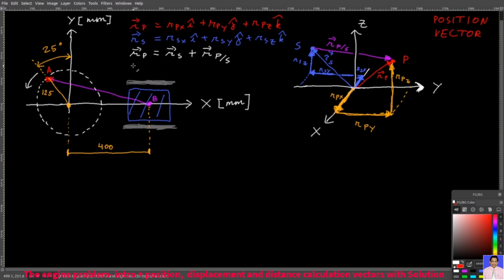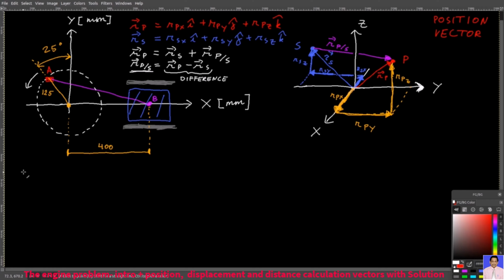But then you can also say that RP with respect to S equals RP minus RS. It means that this vector here, it's really the difference of these two vectors. It's the difference of RP and RS.